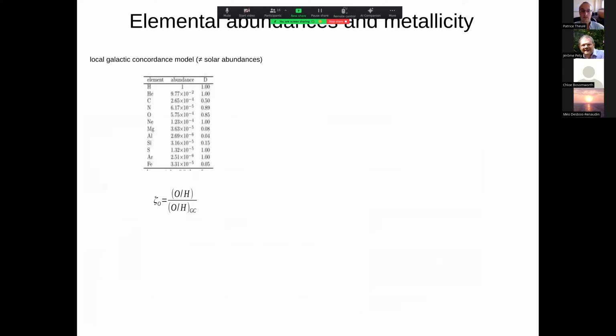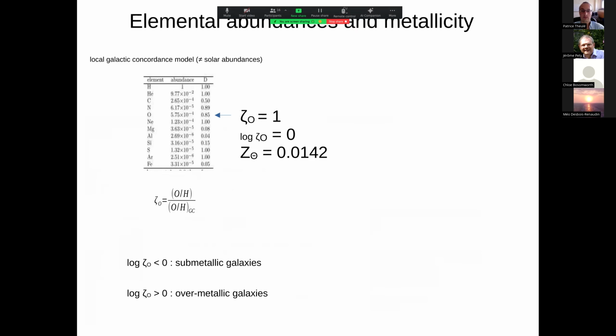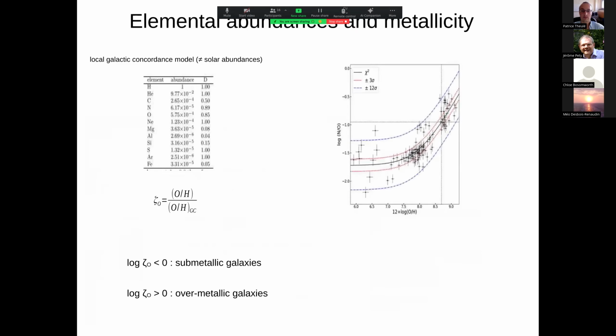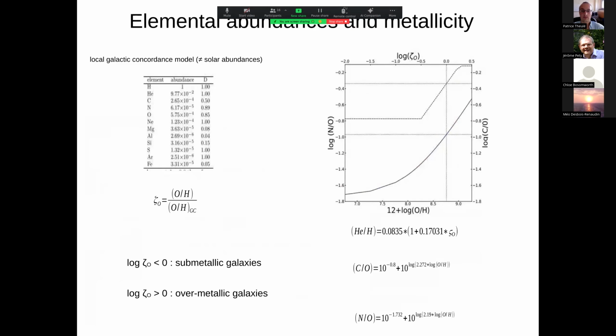We will give abundances with respect to oxygen. The zeta parameter is the metallicity, so the oxygen. And we will use observations of 33 nearby stars to have a prescription for helium, carbon, and nitrogen abundance with respect to oxygen.